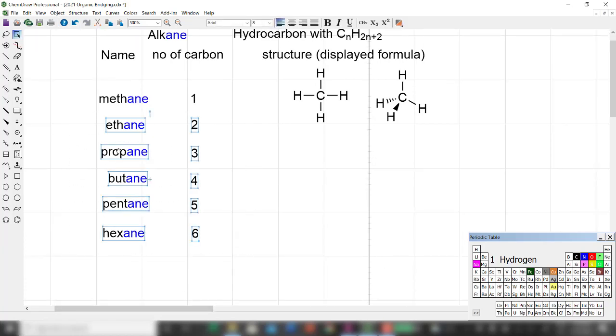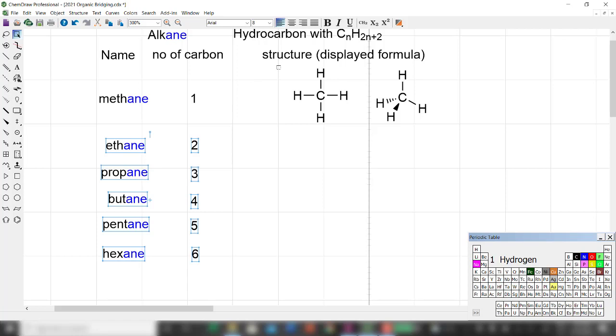For ethane, the displayed formula will have a total of 2 carbons. I'm just going to draw it out. So this carbon here, and then H, H, and H. You will normally see this appearing in textbooks and even notes. So this is C2H6.